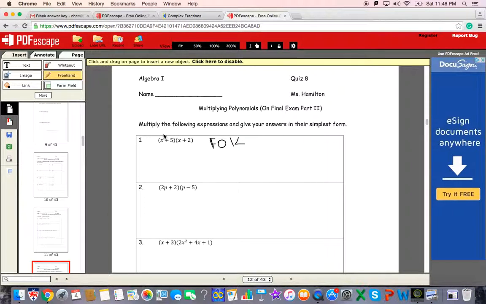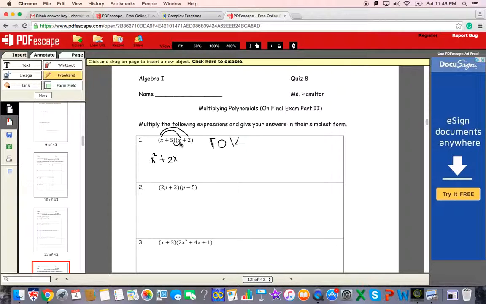First, outer, inner, last, which means we're multiplying the first thing here by the first thing in the other set of parentheses. So x times x, as you know from our earlier quiz, is x squared. And we just took care of the F in FOIL. Then we go ahead and multiply our outer terms. That's what the O in FOIL means. So x times 2, and we get plus 2x.